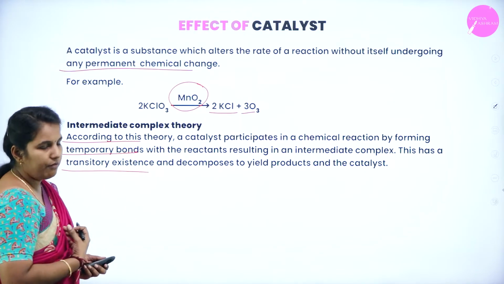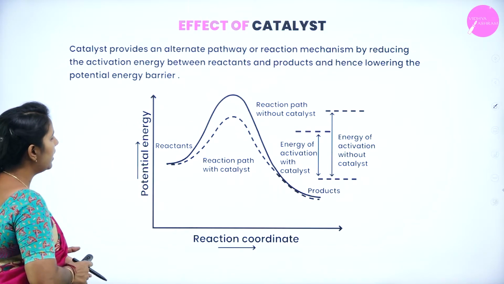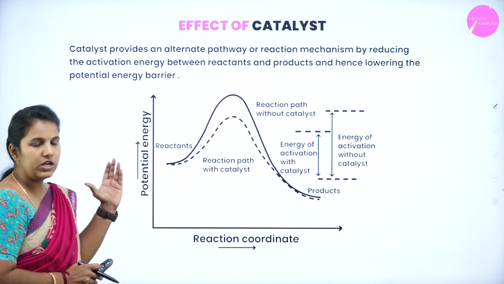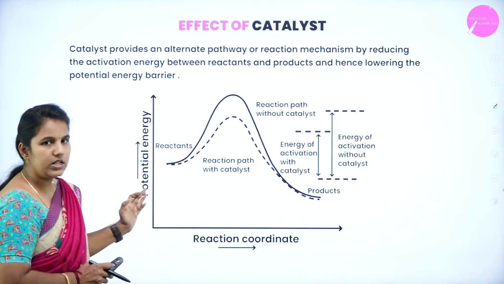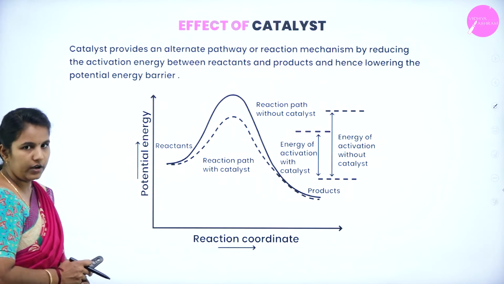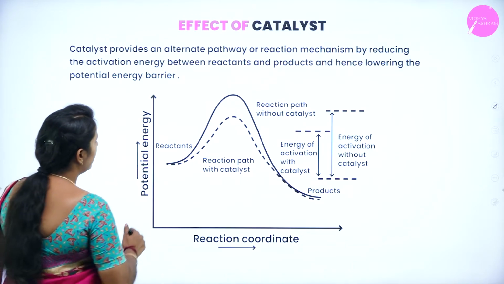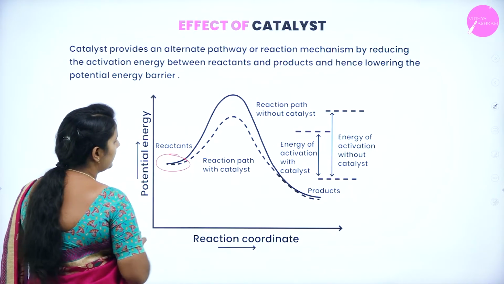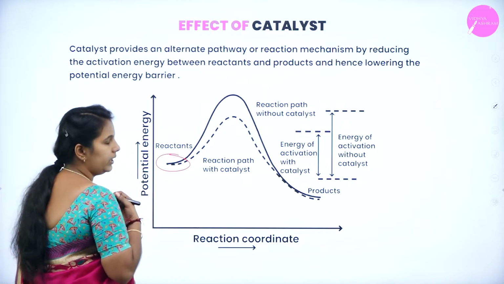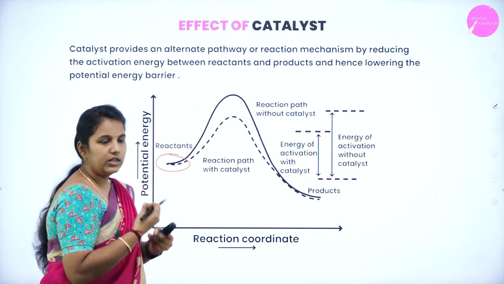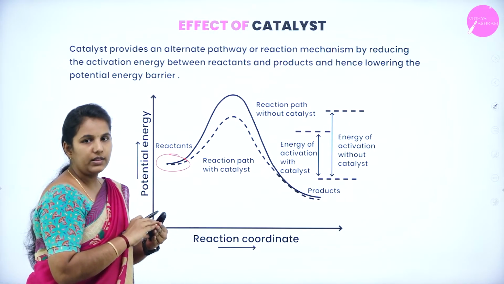Let's see with the graph now. So here I have plotted the potential energy versus reaction coordinate. Here you can see that I have a reactant. So during the reaction, we know that reactant molecules will collide with each other.